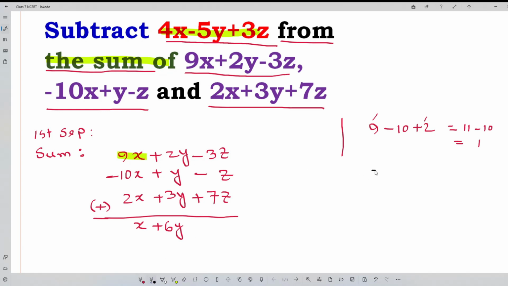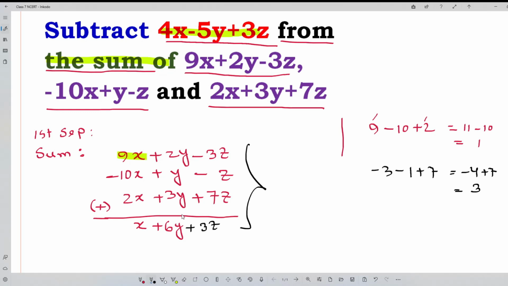Here is minus 3, here is minus 1 and plus 7. So minus 3 minus 1 means minus 4, and plus 7. So the answer will be 3. So we can write plus 3z. So this is the summation among 9x plus 2y minus 3z and the others.